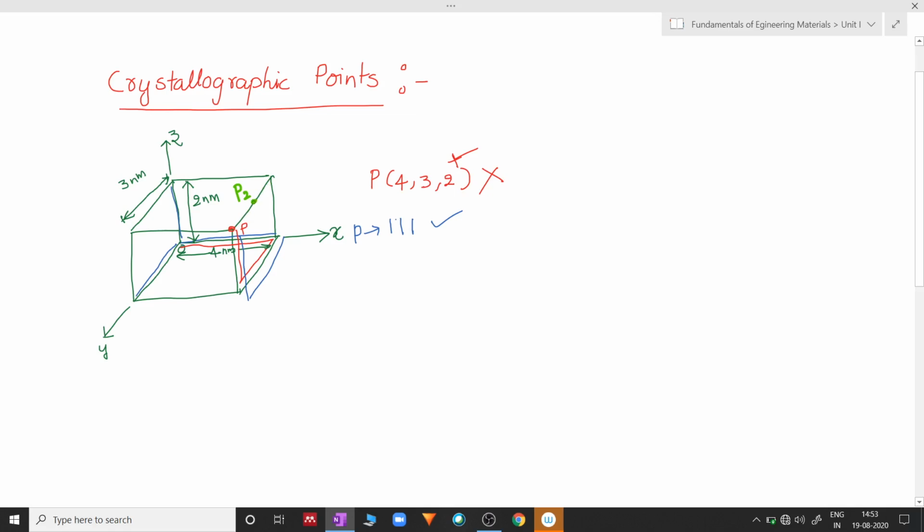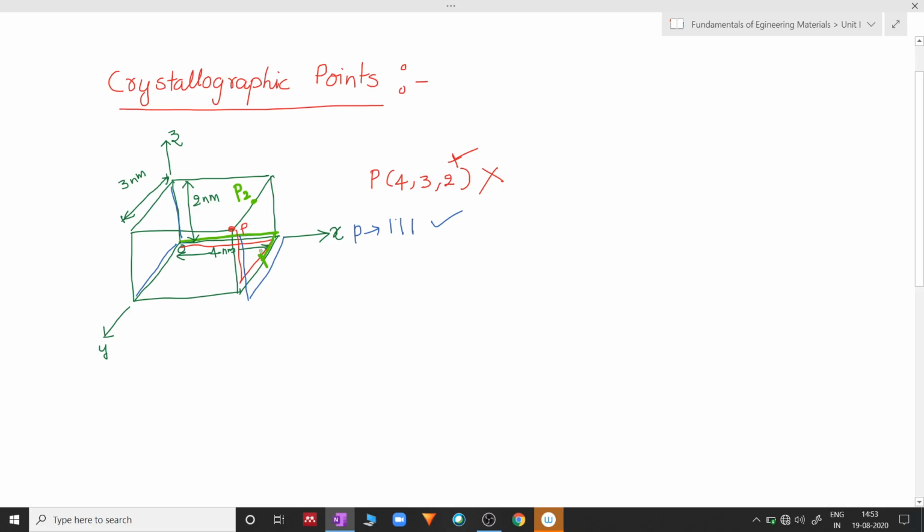Now how to reach this P2 point? I need to move in the x direction 1 unit, and in the y direction half unit. This is half of this unit length.